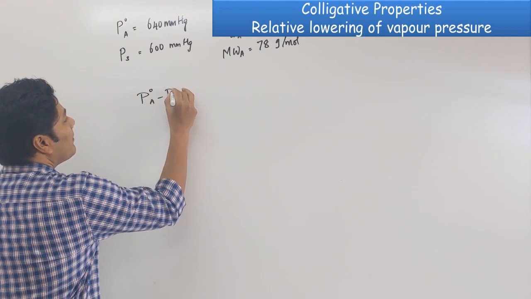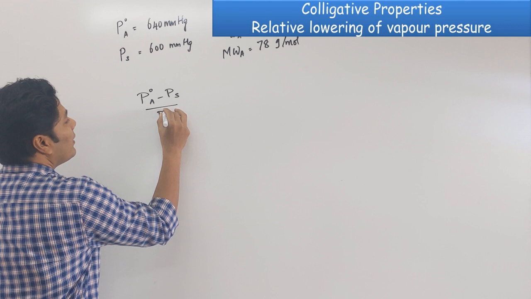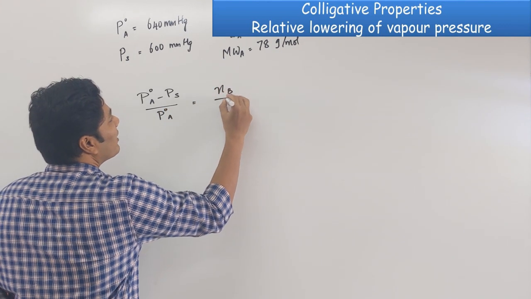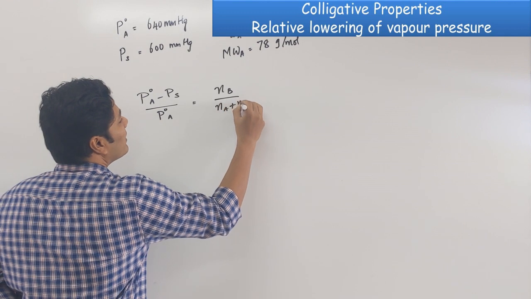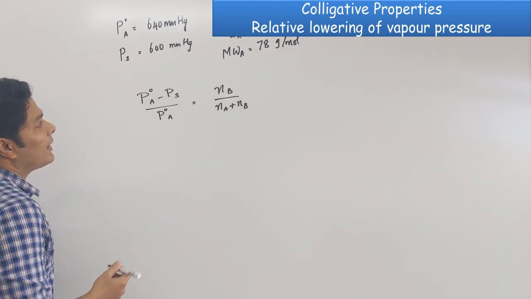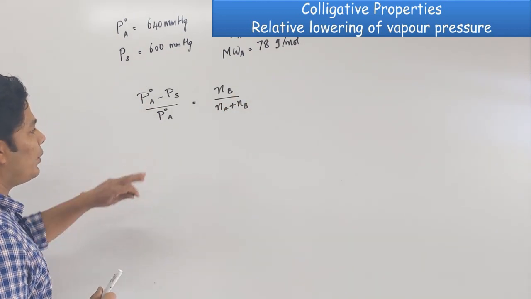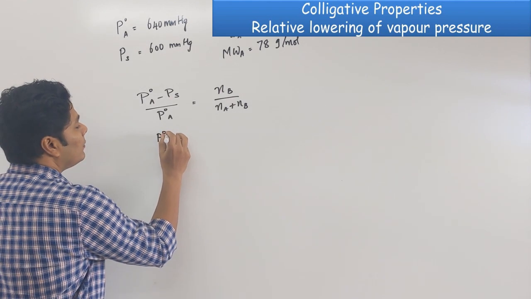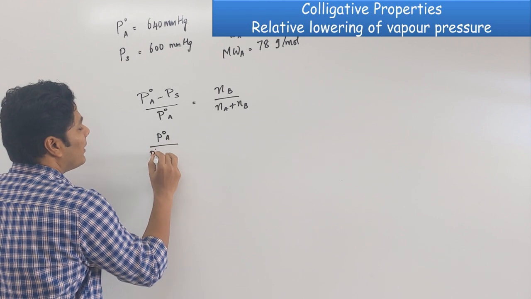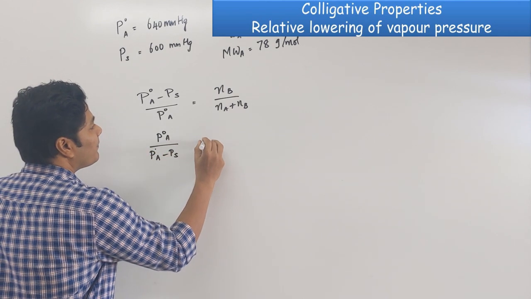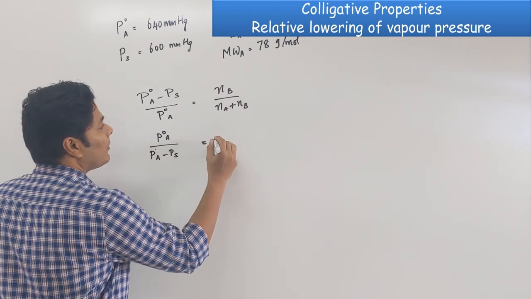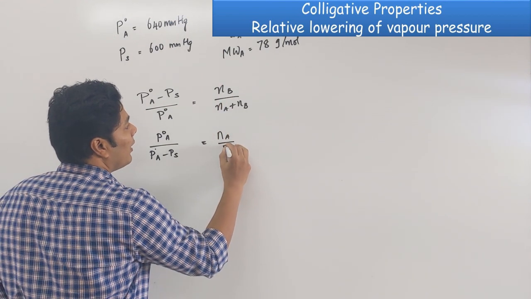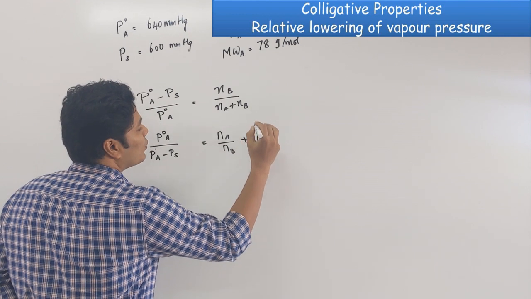P naught A minus Ps divided by P naught A is moles B divided by moles A plus moles B. They are asking you molecular mass of A. So, right away I can flip the equation. P naught A divided by P naught A minus Ps equals, if I flip the equation, I will get Na by Nb plus 1.